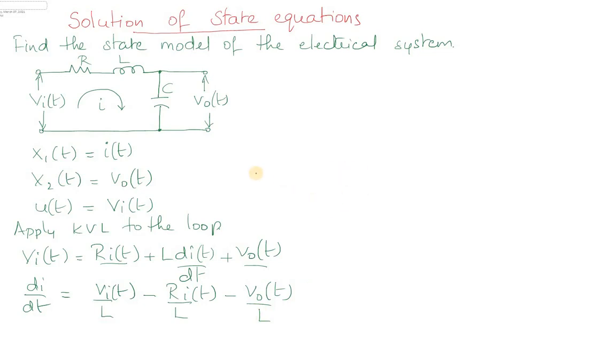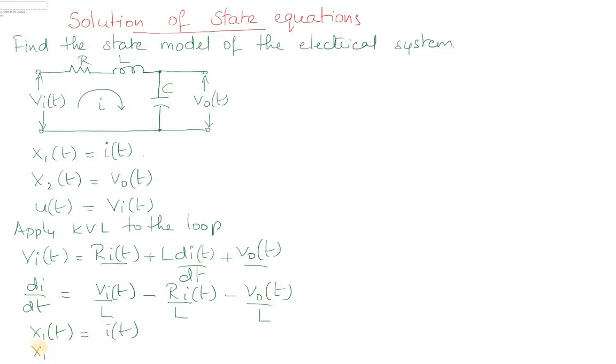So if you see, we have taken x1 of t is equal to I of t, and x2 of t is V naught of t. Now we'll write the expression for x1 dot of t. So x1 of t is equal to I of t.